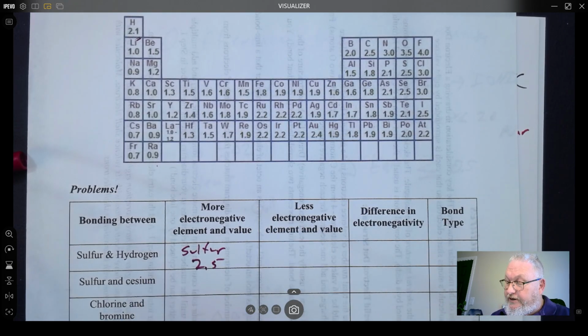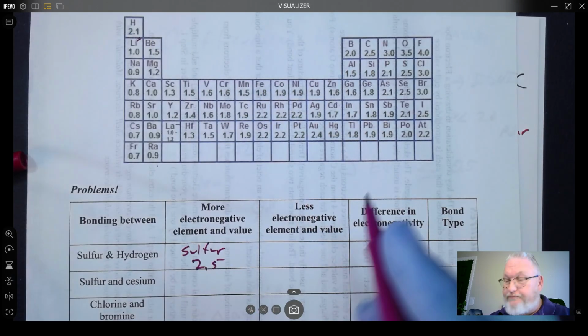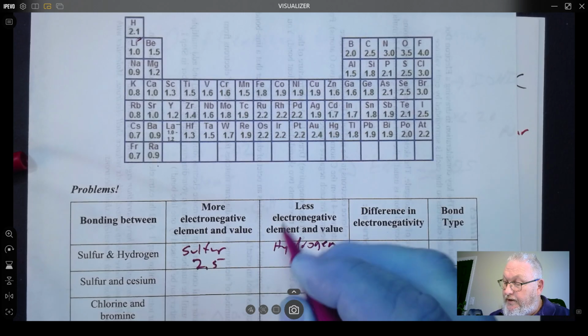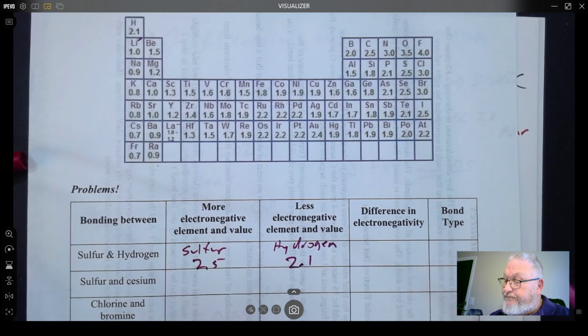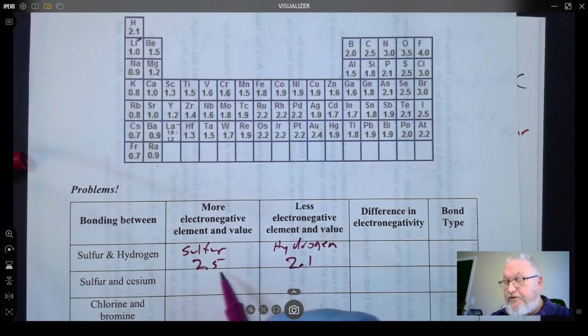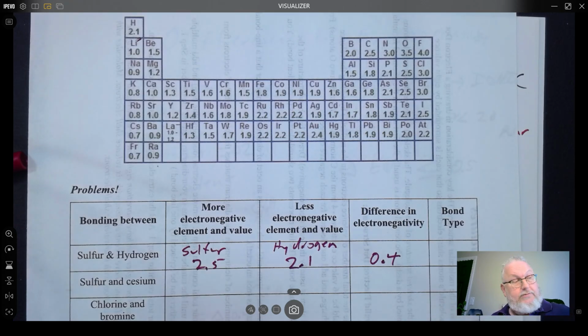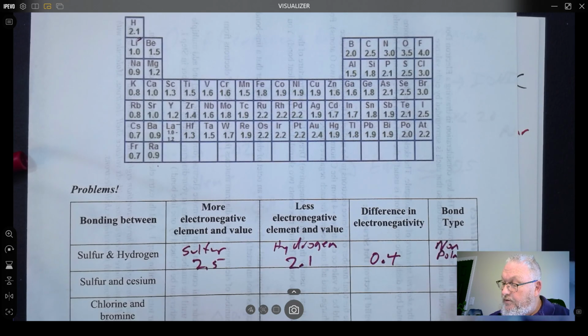The less electronegative is hydrogen. Write it down. Hydrogen, and it is 2.1. So the difference is 2.5 minus 2.1, 0.4. So what type of bond is it? Well, using the sheet that we just drew, it's less than 0.5, so that would be a nonpolar covalent.